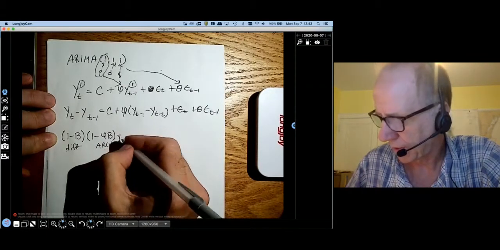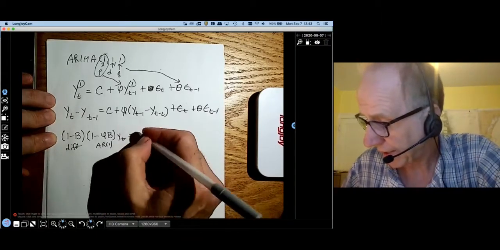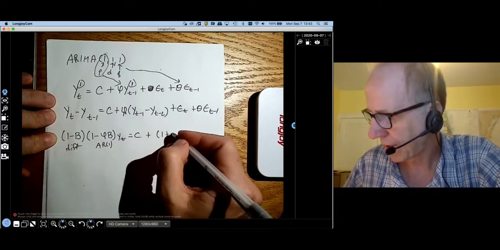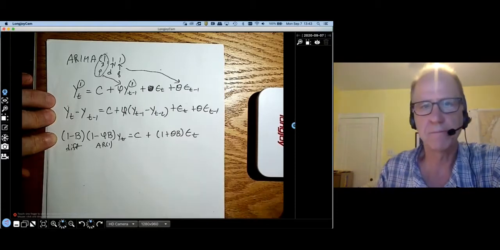And all of this is applied to y t. On the right-hand side, we have c plus (1 plus theta B) times epsilon t.